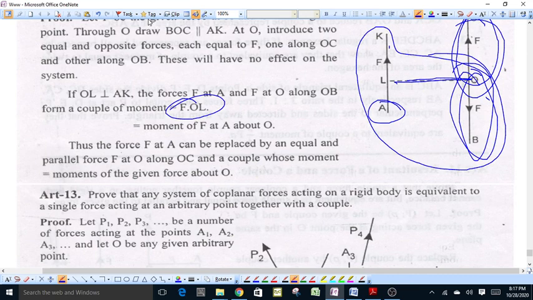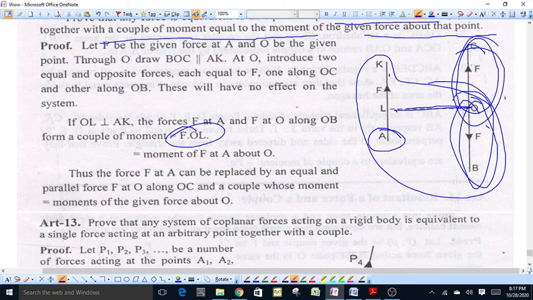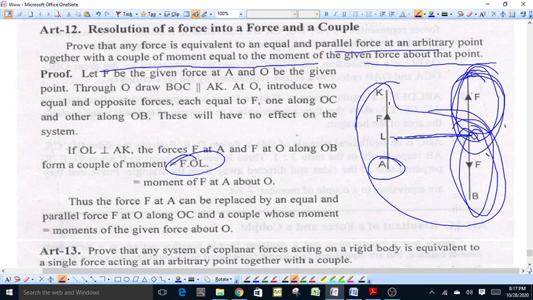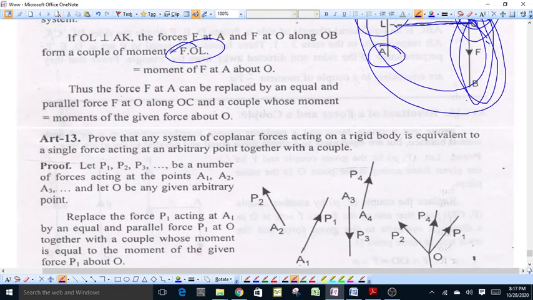We are also left with the single force F, which acts at point O along the line of action OC. Then this single force is equivalent to a couple and a single force F acting at point O on the rigid body.